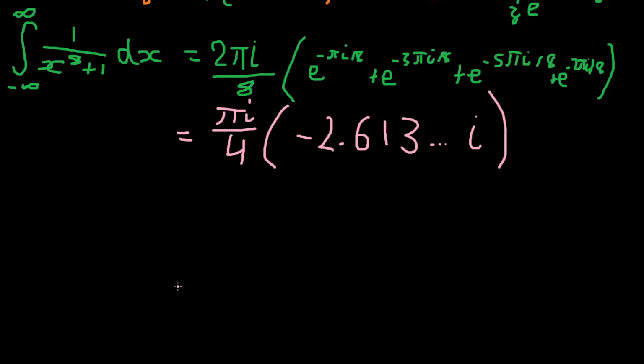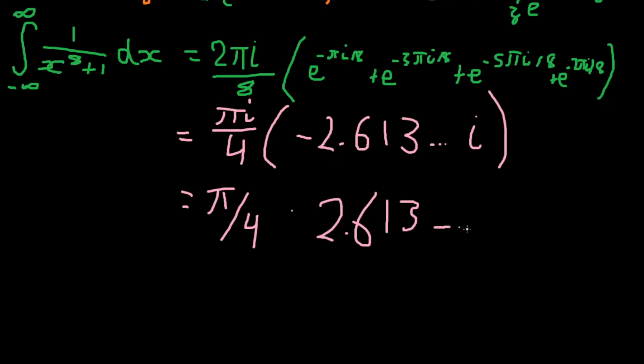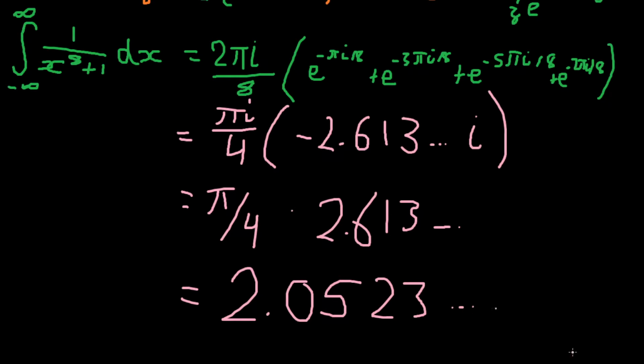These negative and i's cancel out, so the final answer is just pi over 4 times this, which is approximately 2.0523... And I'm not sure whether there is an explicit way to represent this.